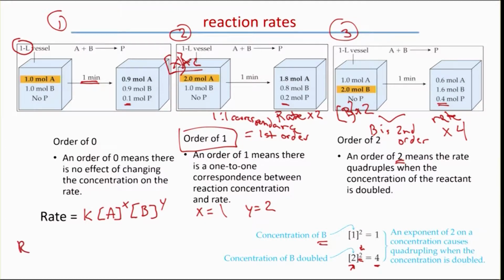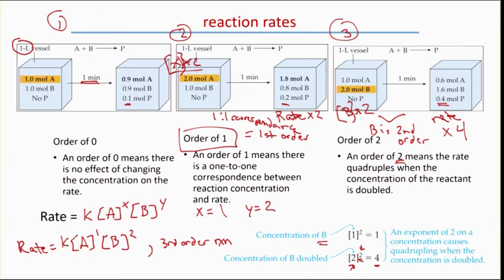So rate equals k times the concentration of A to the first times the concentration of B squared, and B is second order. So I would say A is first order, B is second order, and overall this is a third order reaction. You just add up the superscripts there.